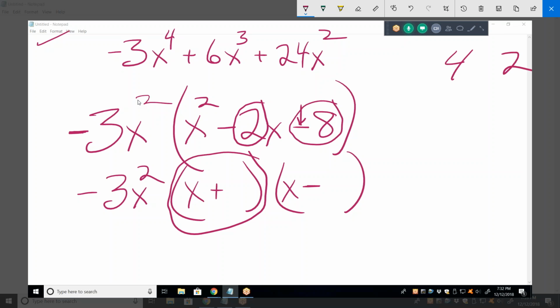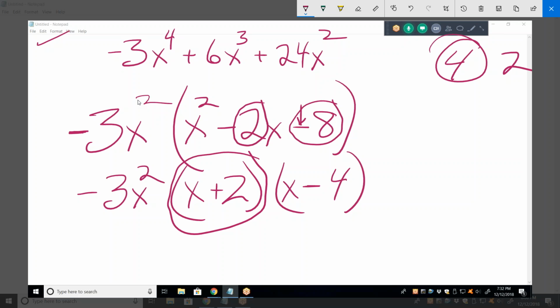Now take the largest factor, the 4, and put it with the sign of the middle term. Well, the sign of the middle term is negative. That's where the 4's got to go. 2's got to go there. And if you look at it in that way, then you really don't have to pay any attention to these signs. I mean, you do, but you do it in a different way. In other words, you're not really looking for factors of 8 or negative 8.